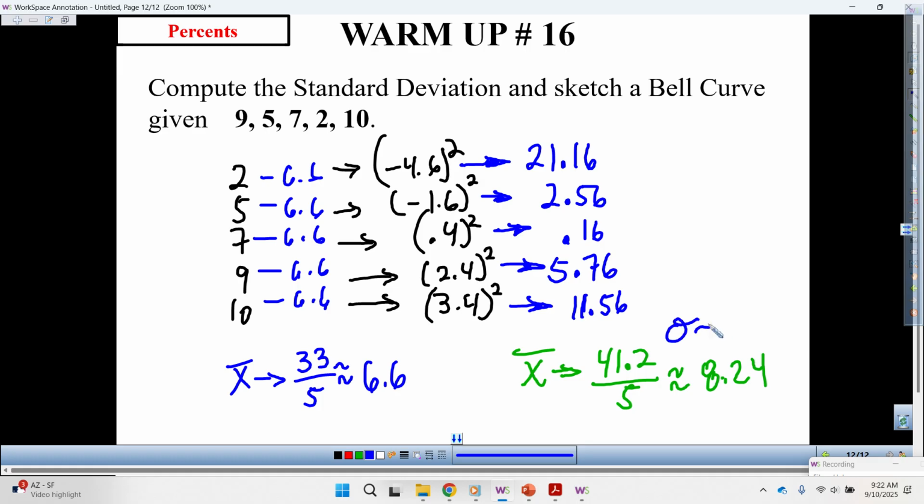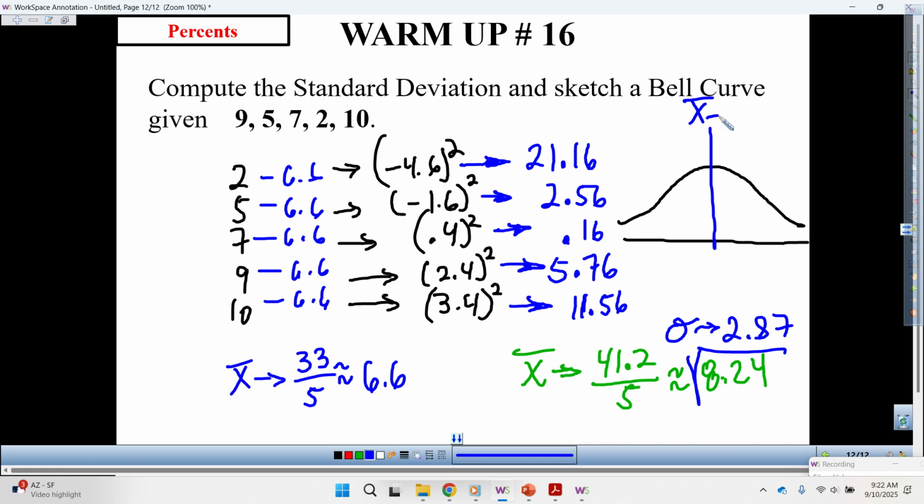Sigma, or standard deviation. What is square root of 8.24? Let's go with Blair. Square root of 8.24. 2.87. Let's get our bell curve going. All right, so our mean was what?